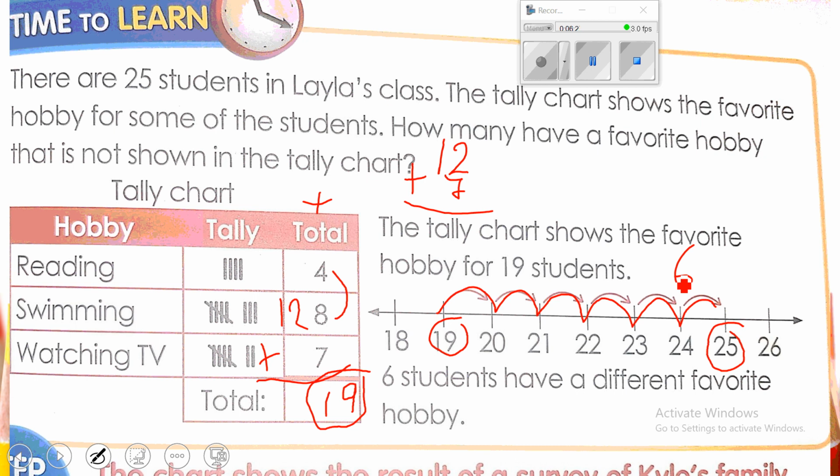Here 6 means that it is not shown in the tally chart. Still, I have to add 6 more. So that's it. I just compare the total number of students in the whole class and then subtract from it the number that I already asked for collecting the data. Let's go to the next.